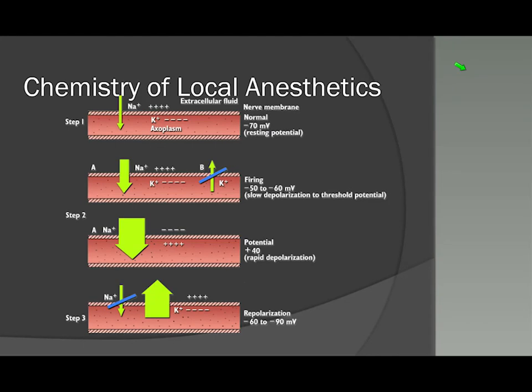Won't talk a lot about the chemistry of local anesthetics, but we know that it works by shutting down the ability to generate that membrane potential there. There's a lot of things that can affect it. You can get some things going on outside the nerve cells with pH that disturbs the availability of the active forms of the local anesthetic.